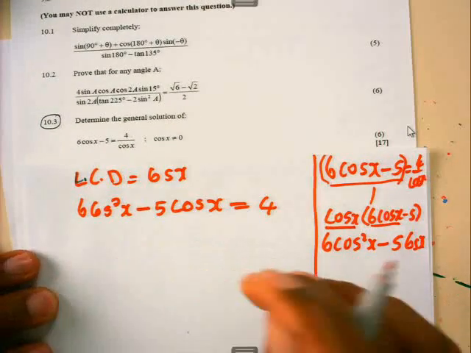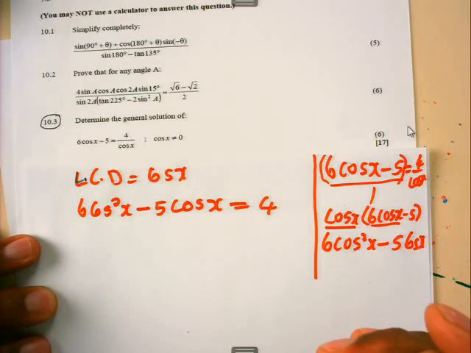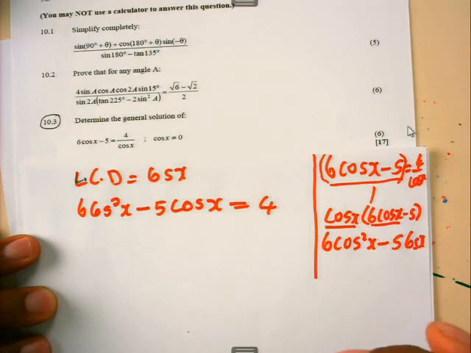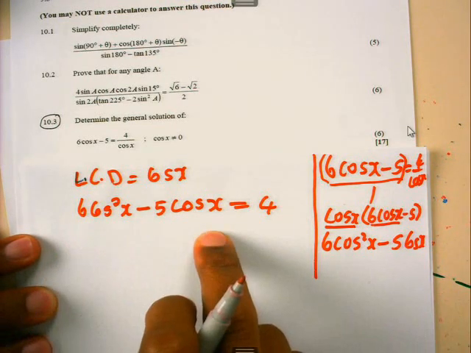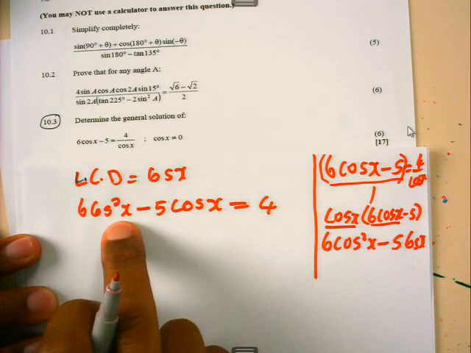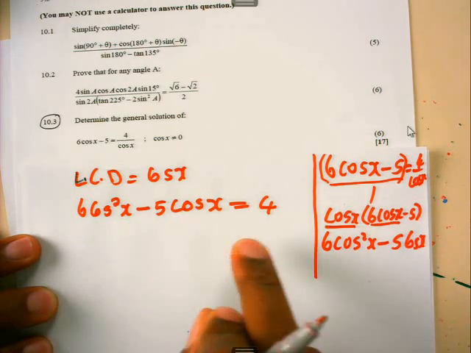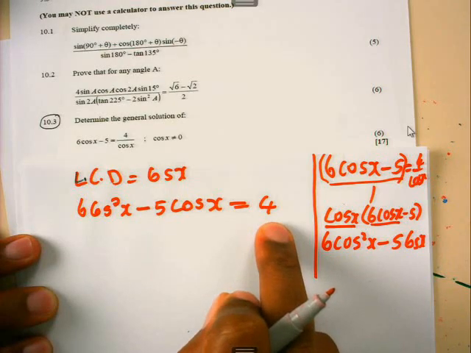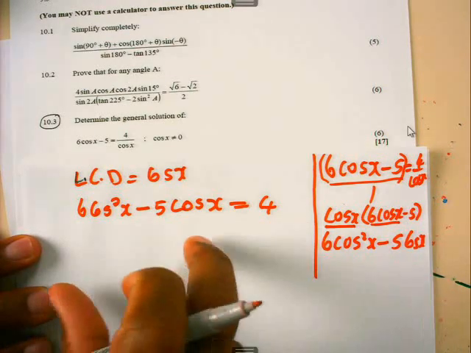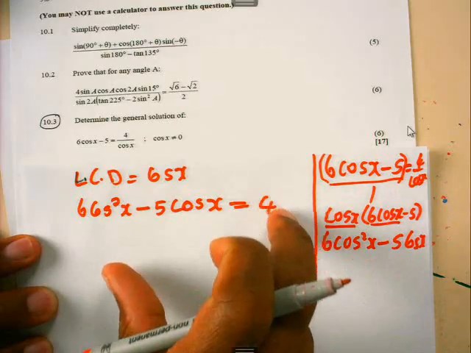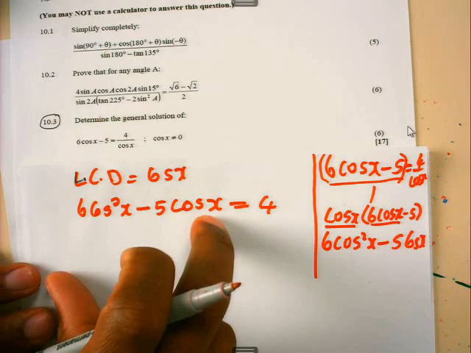Now we have 6 cos squared x minus 5 cos x is equal to 4. What is it that you're going to do now? Seemingly, what I'm having here is like a quadratic equation, because this is the exponent of 2, this is the exponent of 1, and this one here is the exponent of 0. If this is a quadratic equation, then I have to move everything to one side.